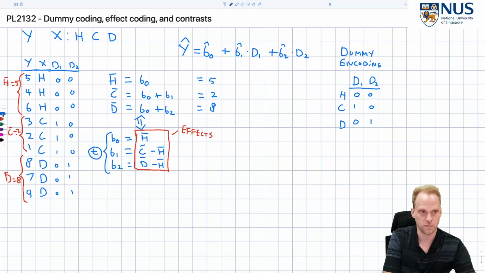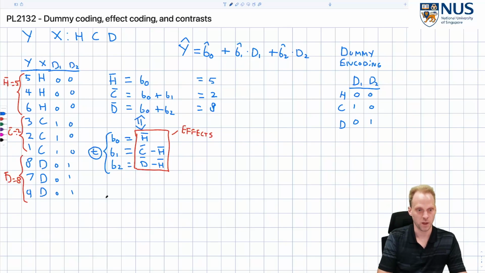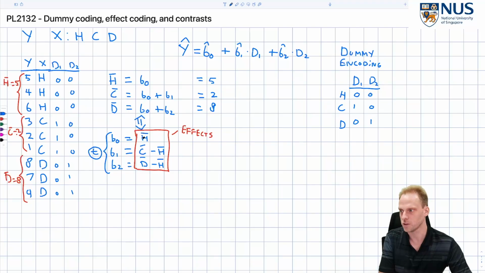Now, let's write this down a bit more elaborately. B0 is, well, let's forget about B0 actually. It's not that interesting, right? Because that's just the average of one group. That's not 0. We're interested in these B1 and B2, which tell us something about the effects of the groups. Right.